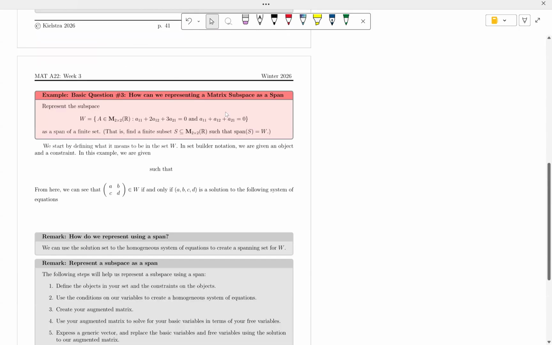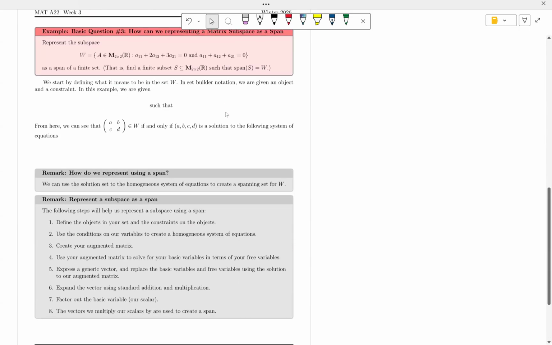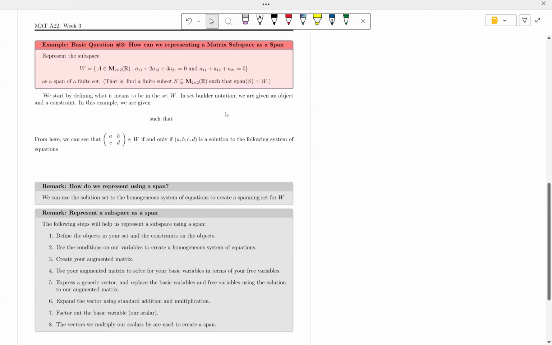Our final question is how can we represent a basis by using a solution set. And the way that we can do this is we start by defining what it means to be in this set. In set builder notation, we're given an object and a constraint. So we're often given what are the objects, what are the constraints.